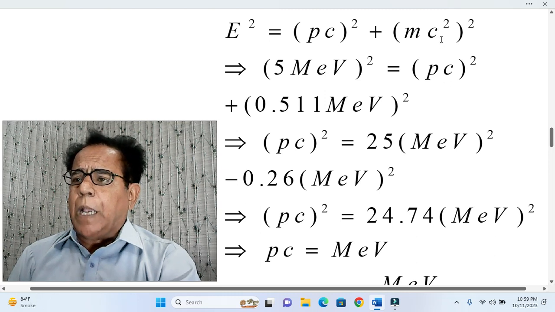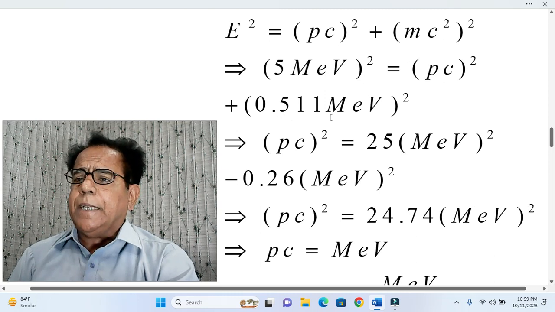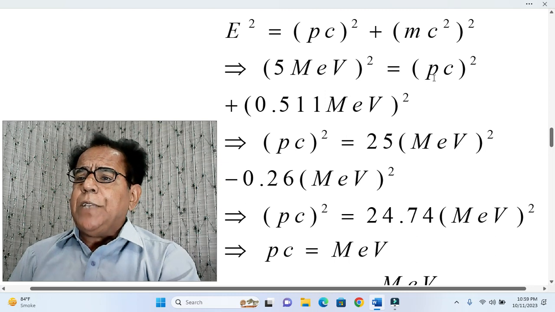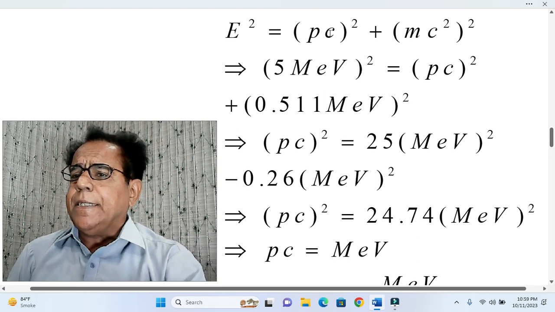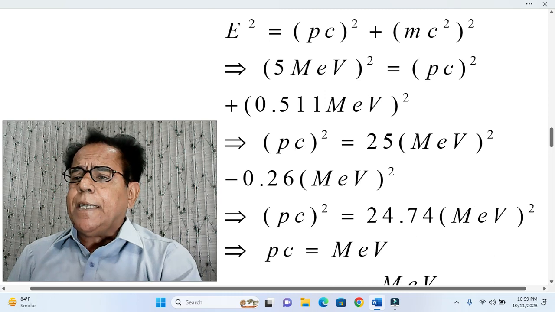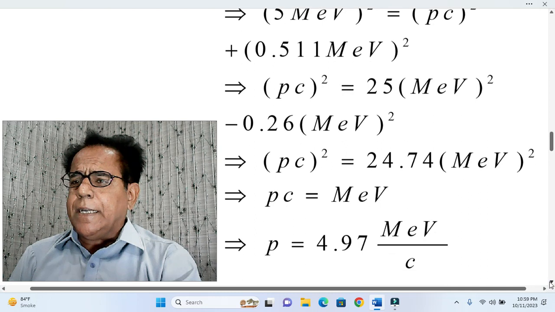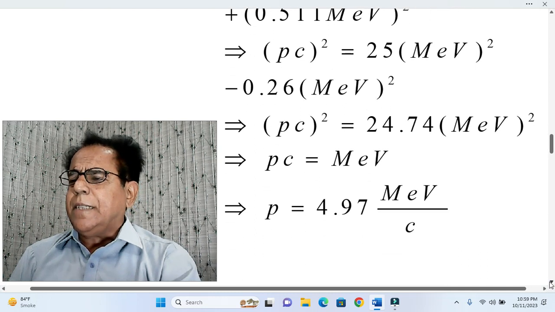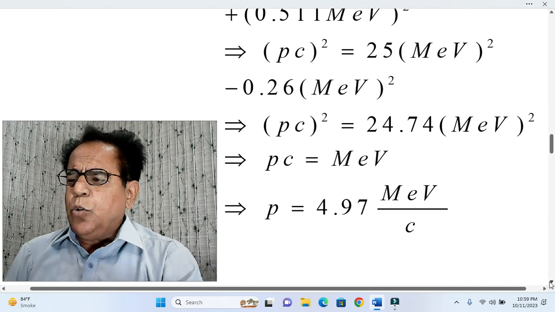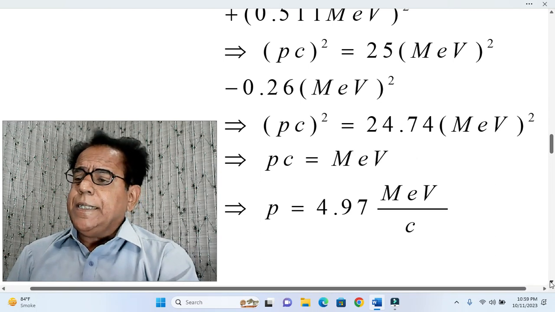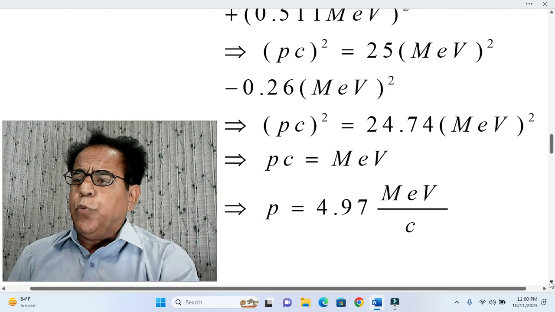However, in place of mc squared, that is rest energy, we have placed its given value. So we have used two values given in the statement, and we have not disturbed PC squared. Now we keep PC squared on one side, and the other value is shifted to the other side, just a simplification, no rocket science. In this way we reach our momentum P equal to 4.97 million electron volt over c.